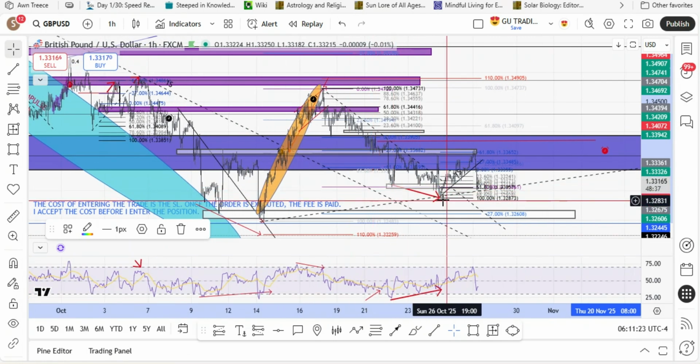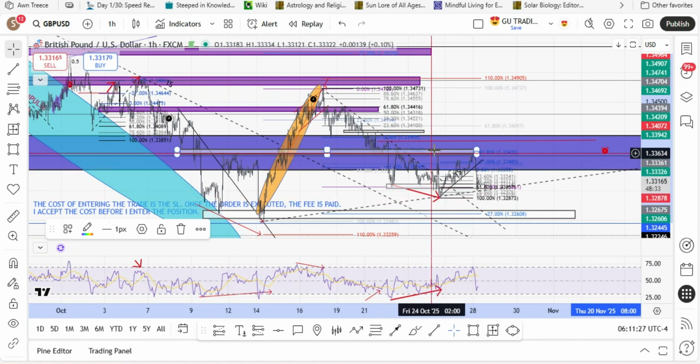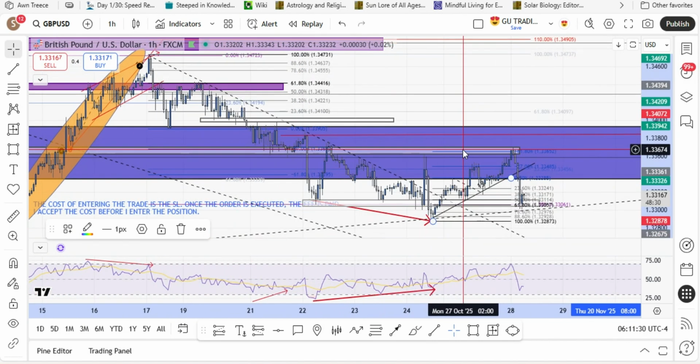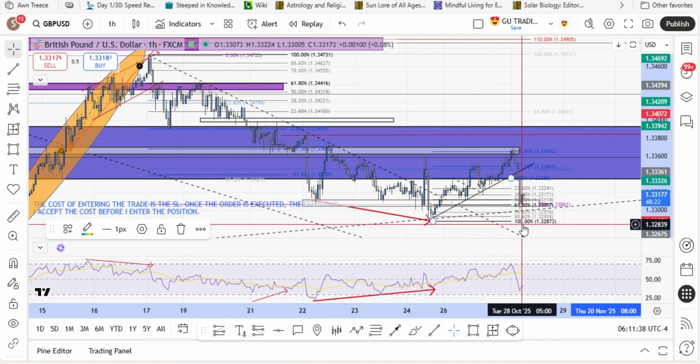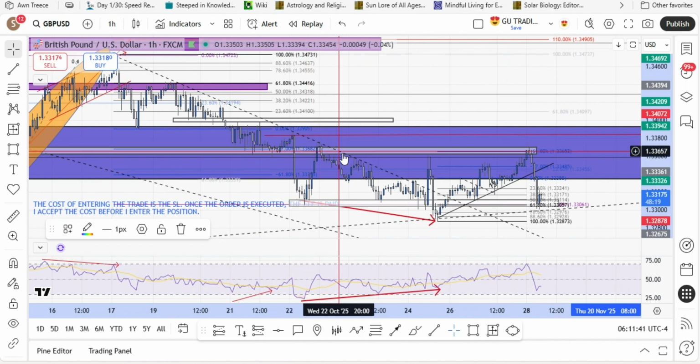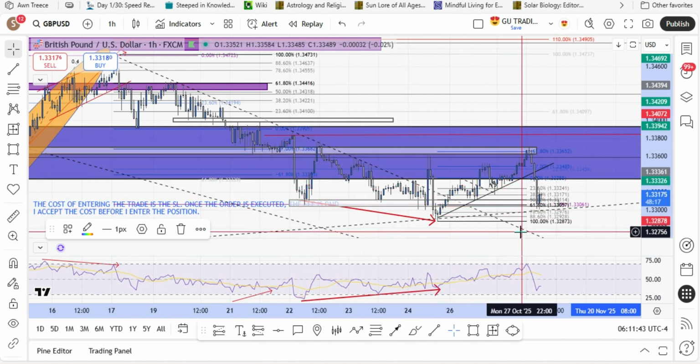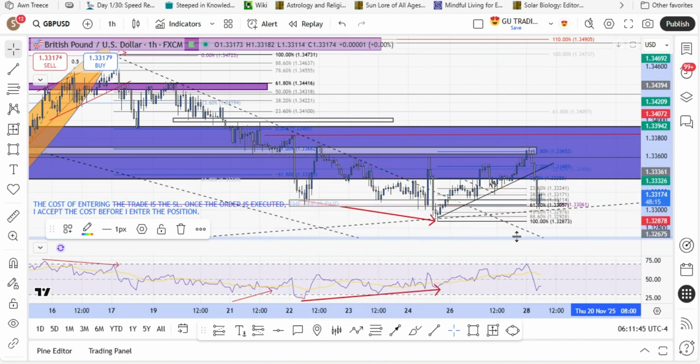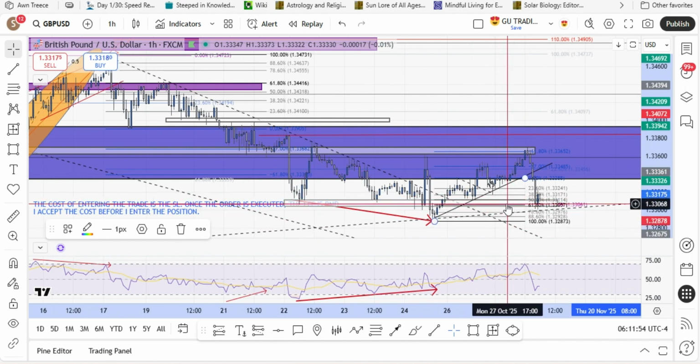So for the 1 hour, there was this divergence here. We did break that structure. It hasn't come back to fully retest if we're using this trend line here. But I did have a divergence trend line that went through here and then it went up. But it came back down to this zone right here.